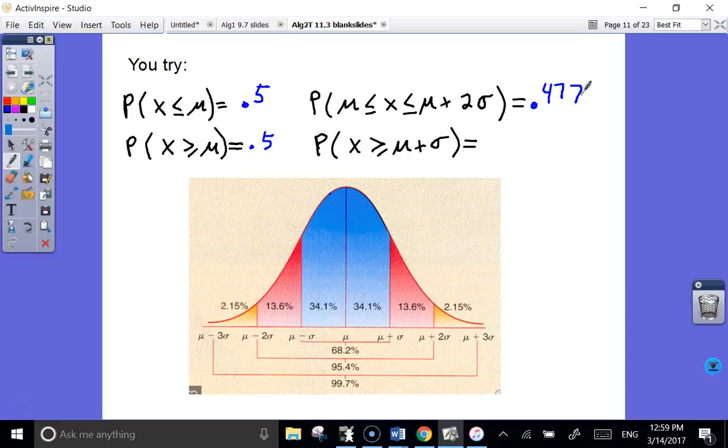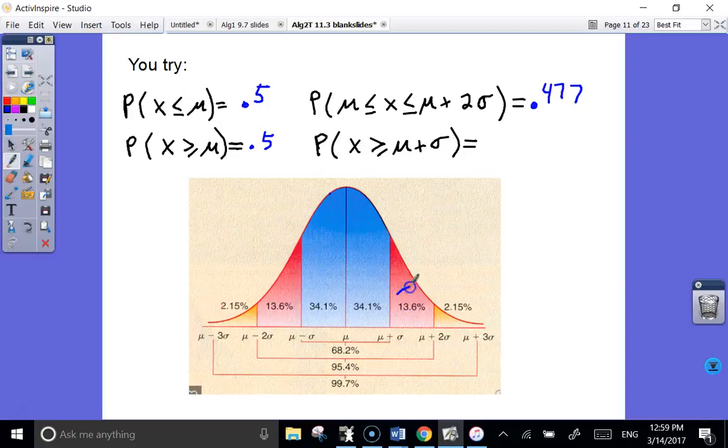Okay, what about the last one? X greater than or equal to the mean plus 1 sigma. What did you say? 15.9%. And so how did he come up with 15.9?